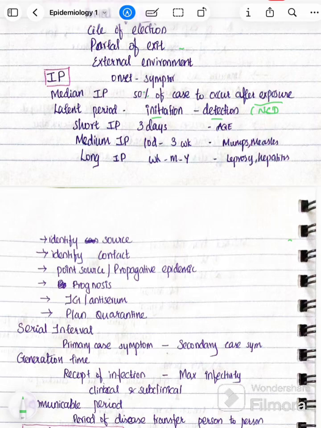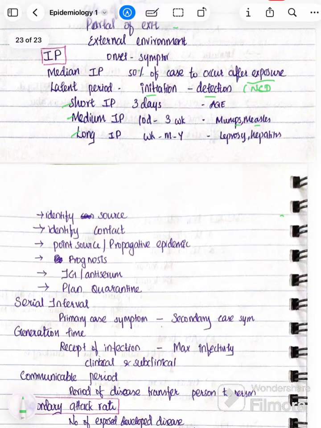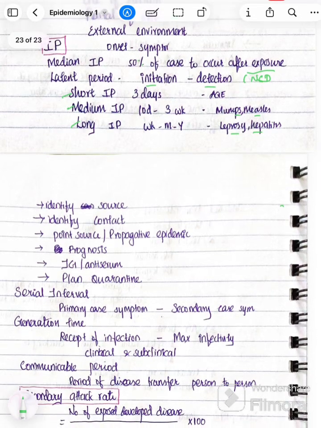The incubation period can be short, medium or long. Shortest is around 3 days, for example diarrheal diseases. Medium, for example mumps, measles. Long incubation period is weeks to months to years, for example leprosy, hepatitis, rabies and all.